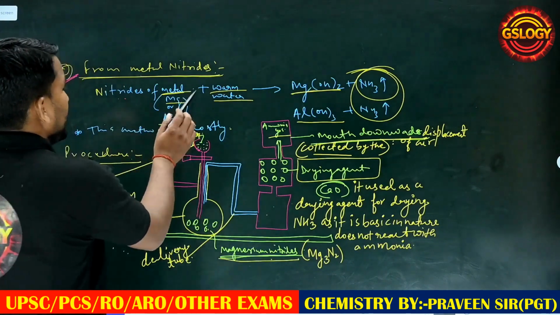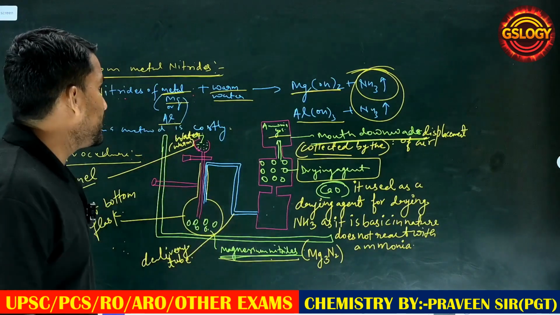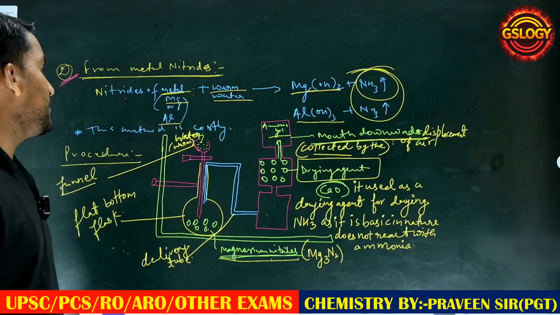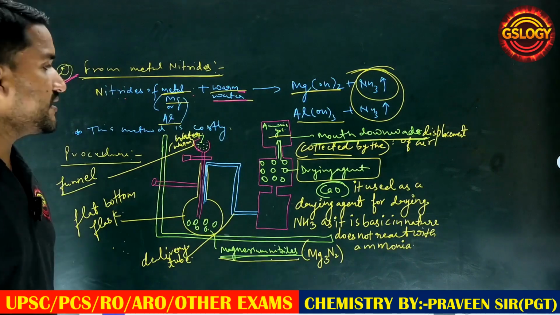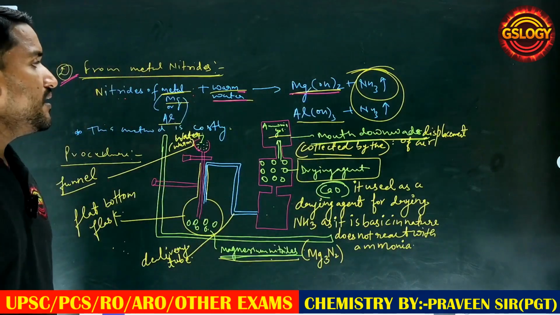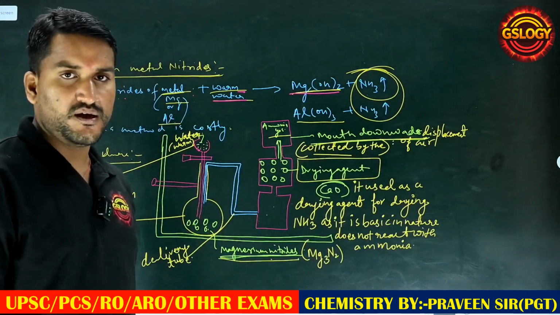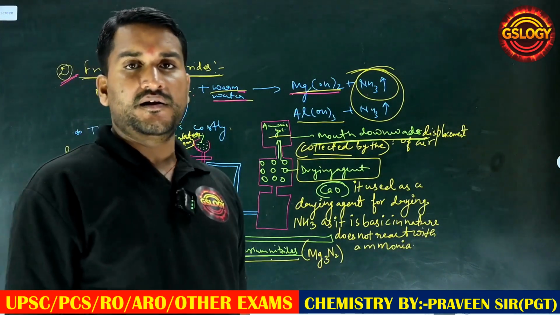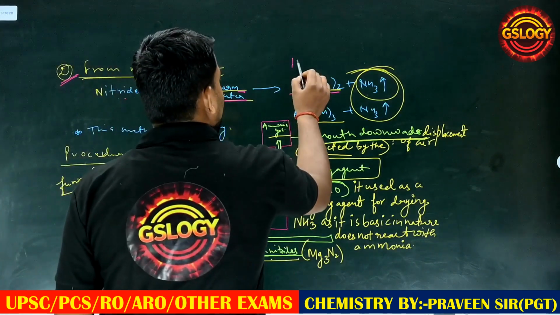So nitrides of metals, especially magnesium or aluminium, when they react with warm water, form metal hydroxide and also give ammonia gas.